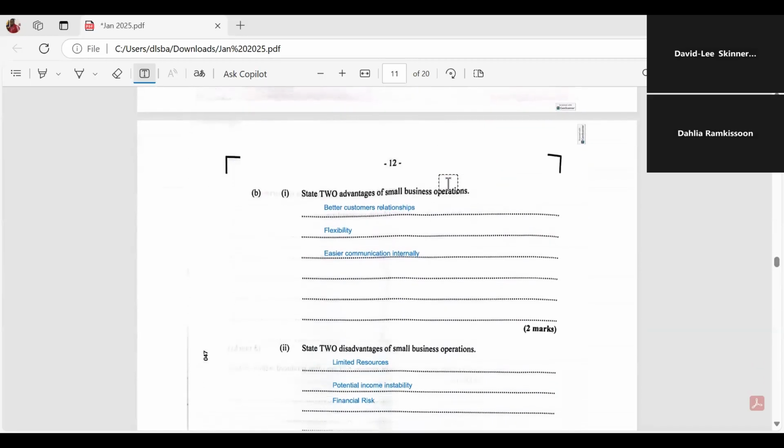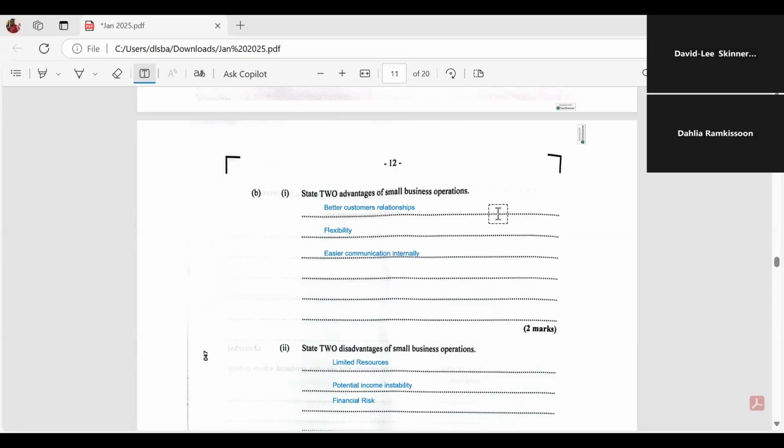And B1, state two advantages of small business operations. So what's an advantage of being a small business? When you're a small business, the customers tend to feel a bit more familiar with you because sometimes you get to communicate with the owner themselves, as opposed to a huge organization where they're talking to customer service rep one, right?